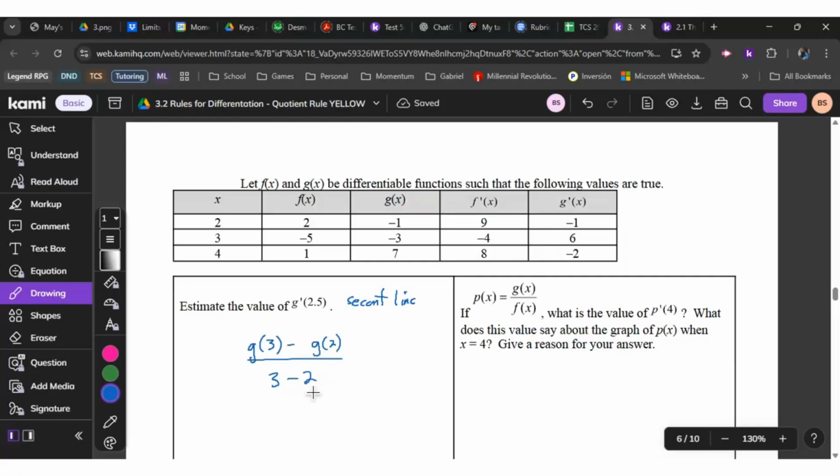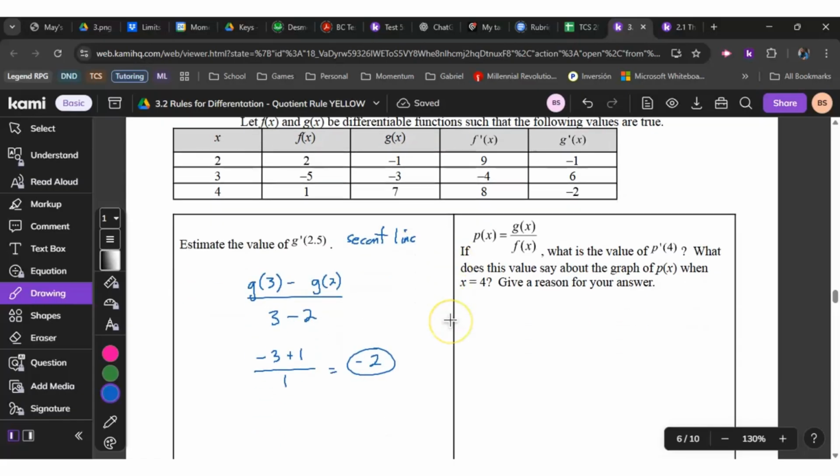G of 3 is negative 3. G of 2 is negative 1. So minus negative 1 is plus 1, over 1, which is just negative 2. So we can write that g prime of 2.5 is approximately negative 2.